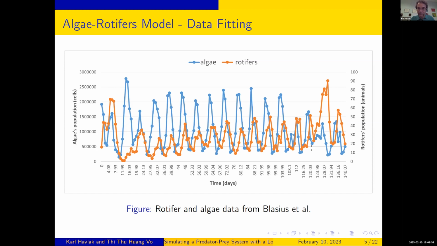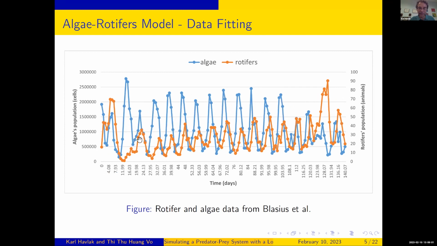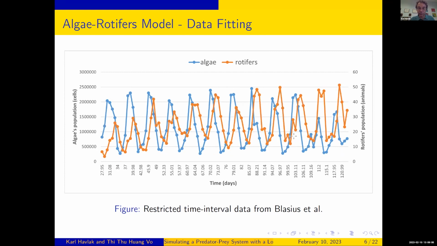We were wanting to estimate the coefficients. We weren't necessarily just trying to model this behavior that we're seeing in front of us, but we wanted to get a good set of coefficients that would reflect the predator-prey model that we expect from the Lotka-Volterra model. So we narrowed it down. It looks like the middle section of that data, from about day 20 or so to a little over day 100, has the dynamics we liked.